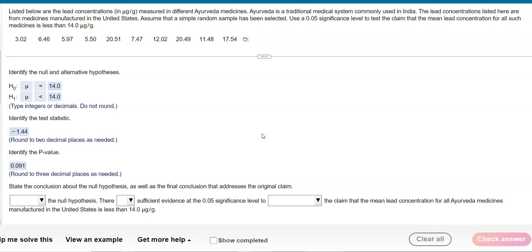So now we need to make a conclusion. The way we make our conclusion is always going to be by comparing the p-value to the significance level. Here, the p-value was 0.091 and the significance level was 0.05. So in this case, the p-value is bigger than the significance level.